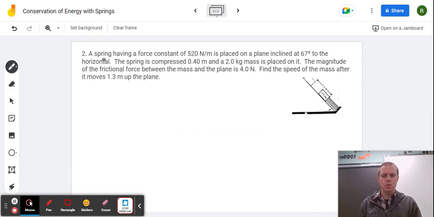Okay. So a spring having a force constant of 520 newtons per meter is placed on a plane inclined at 67 degrees to the horizontal. The spring is compressed by 0.4 meters.